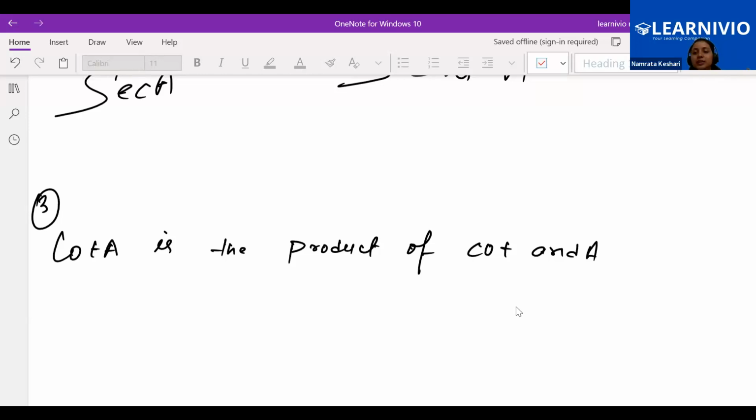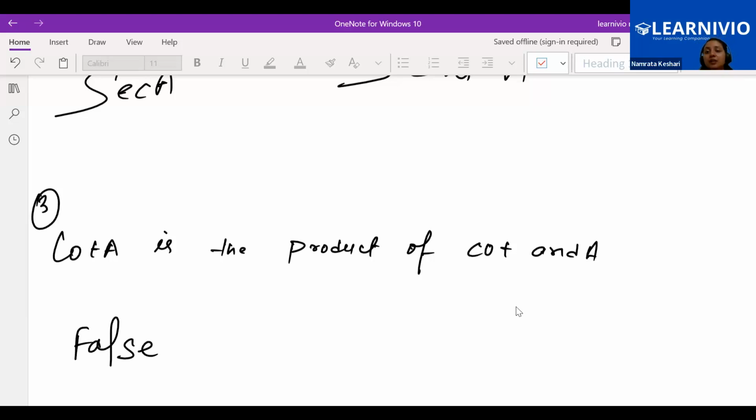Who said true? Noah said true. Zunaid, Alvina said false. Afnan says true. Aisha said false. Abdul, what did you say? False. Yes, it is false.